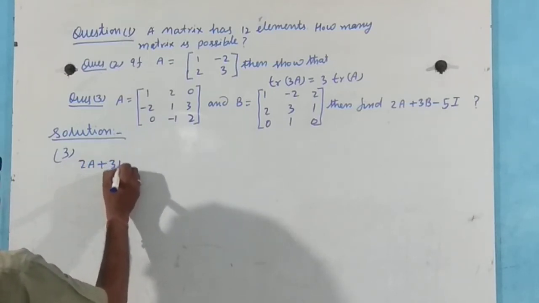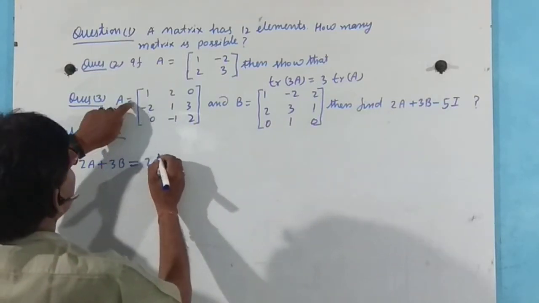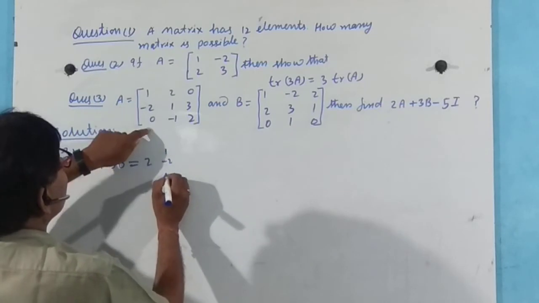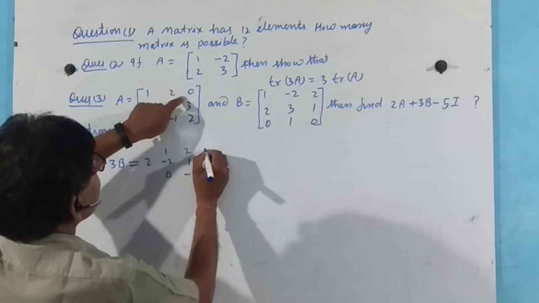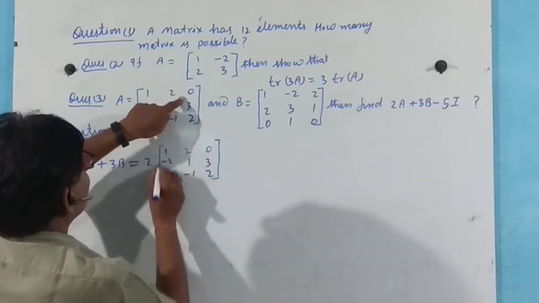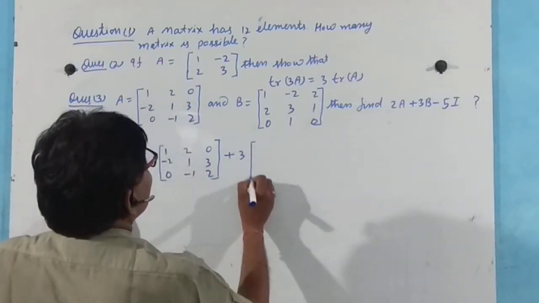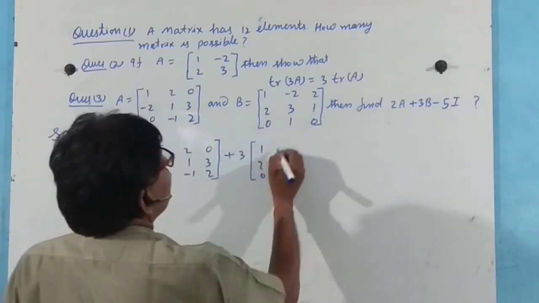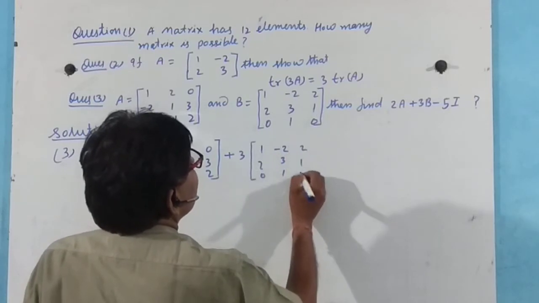Now 2A plus 3B means 2 times the matrix 1 minus 2 0, 2 1 minus 1, 0 3 2, plus 3B, B equal to 1 2 0, minus 2 3 1, 2 1 0.